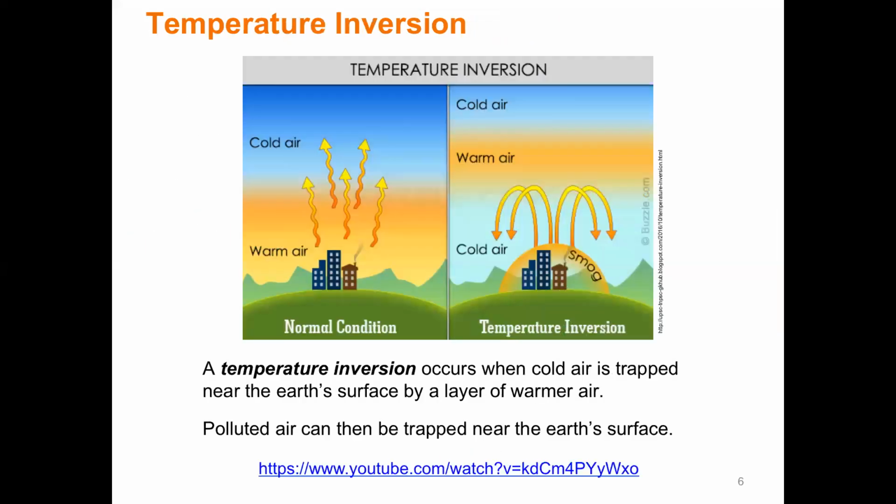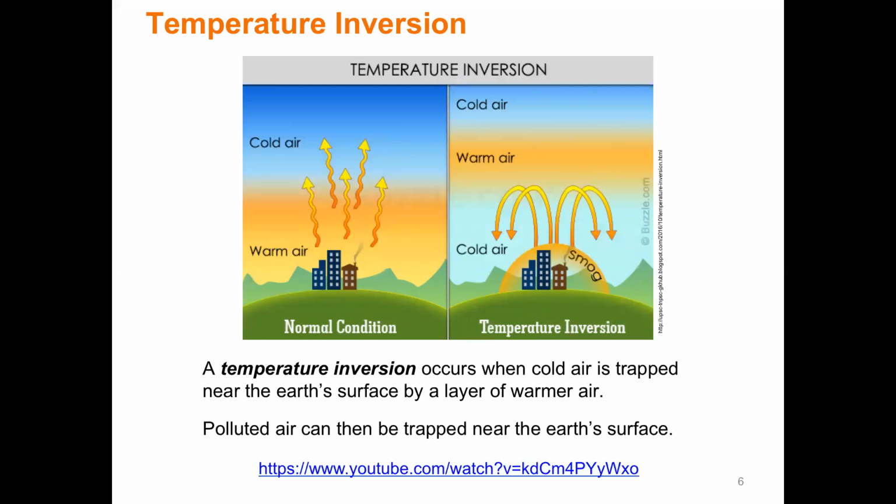The next idea gets us into the chemistry of the atmosphere in terms of pollution. What we just talked about, the oxygen cycle and the nitrogen cycle, is the natural cycling. But we have conditions because of temperature. This is why we brought up temperature. Usually as you go up in altitude in the troposphere, things get colder.